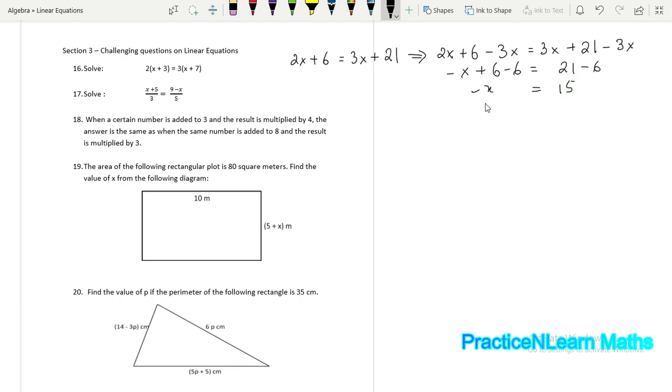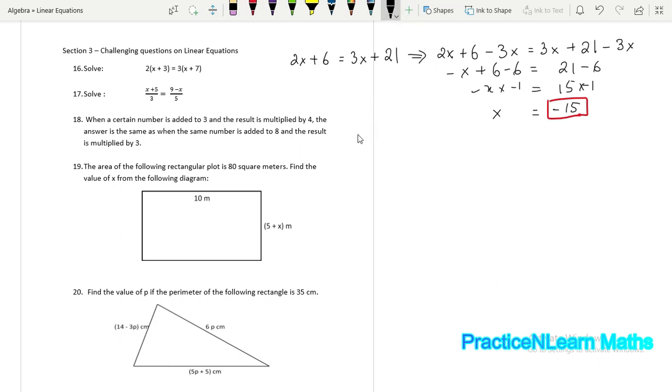So we multiply both sides by negative 1. We get x is equal to negative 15. So remember not to leave your answer with minus x. You need to make it a plus x.